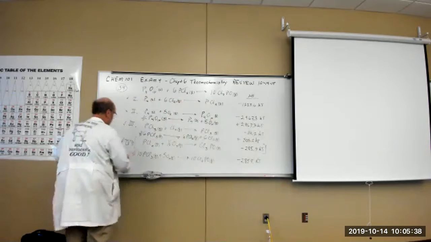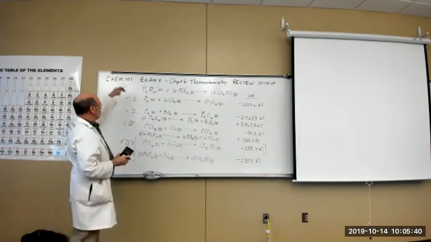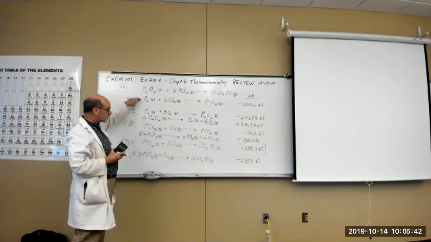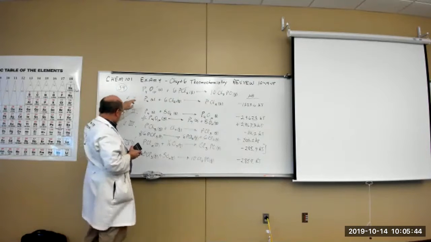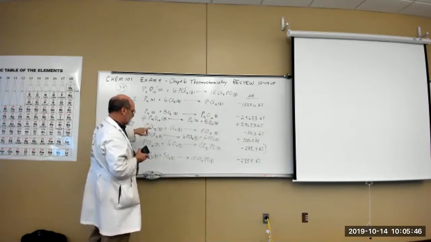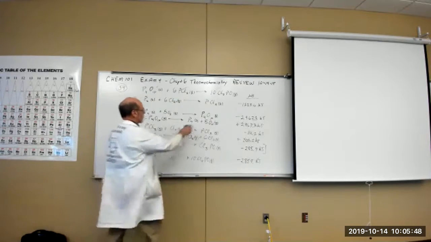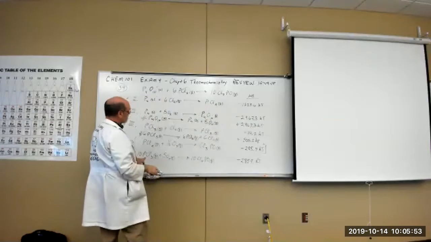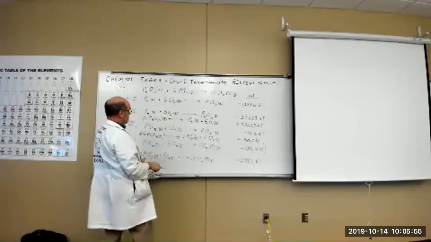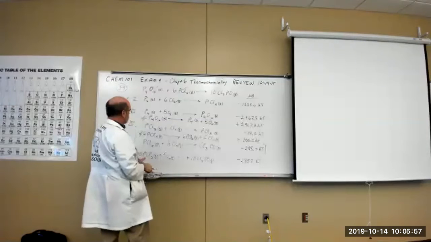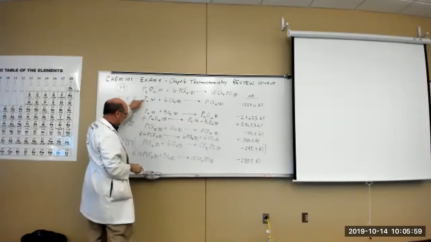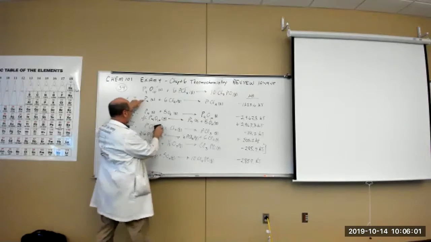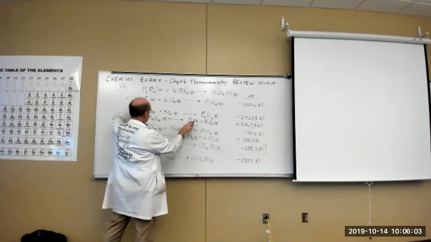All right. Now, the one we haven't used yet is this one. So we're going to have PCl3 here. And we need 10 of those. So if we multiply 10 times this one, is that going to give us what else we need? P4.